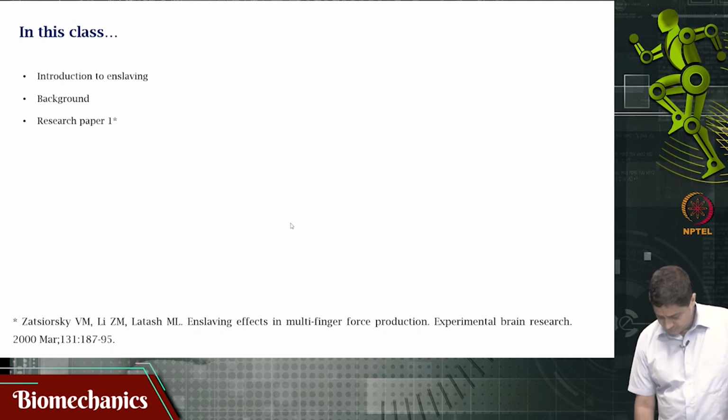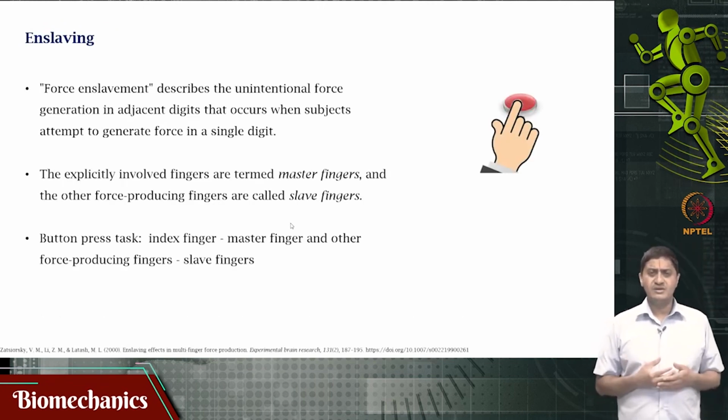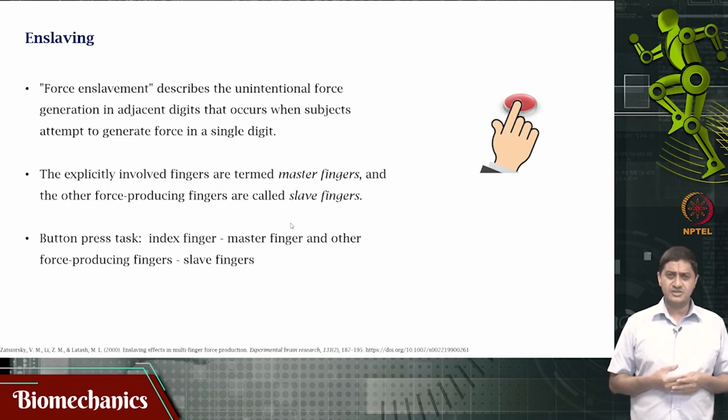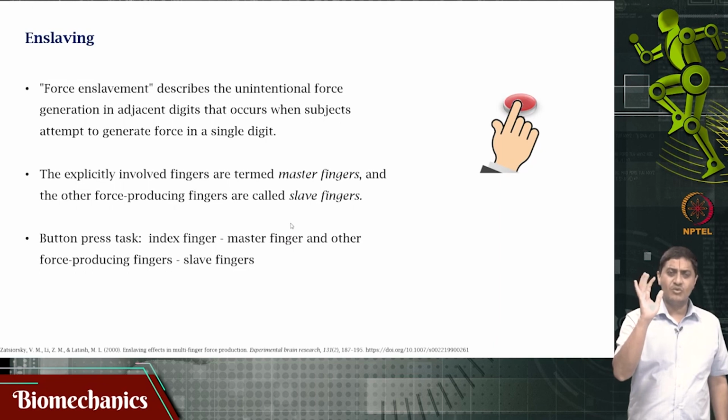So what is enslavement? So when you move one finger, the other fingers also move. We saw this in one of the previous classes. So, keep your hand like this and do this exercise. Move only the ring finger. This was the task that I gave the other day. Now, I am moving only the ring finger. Is it not?